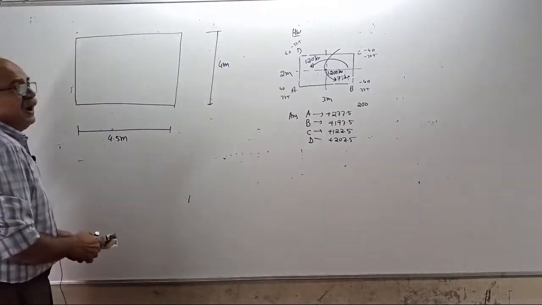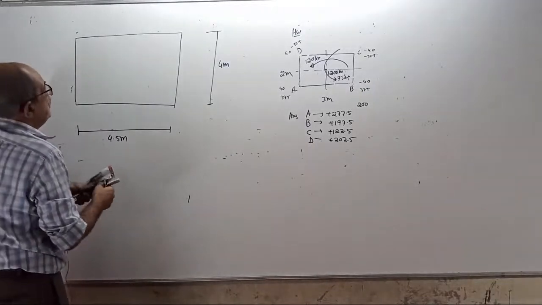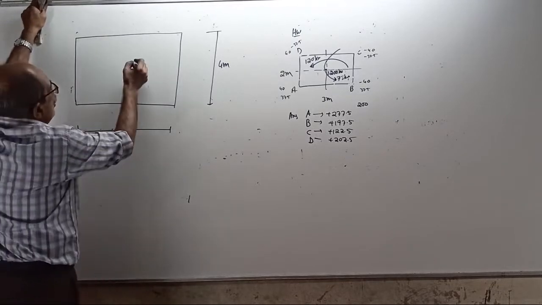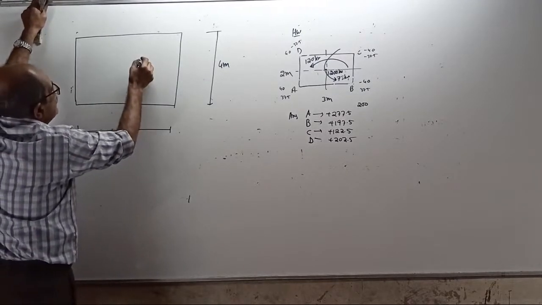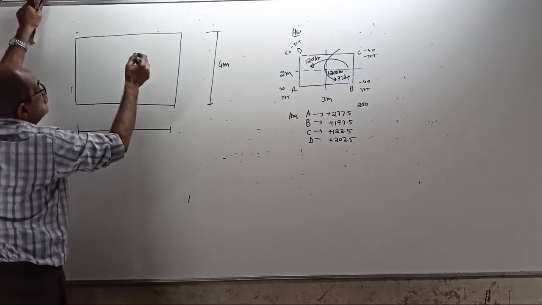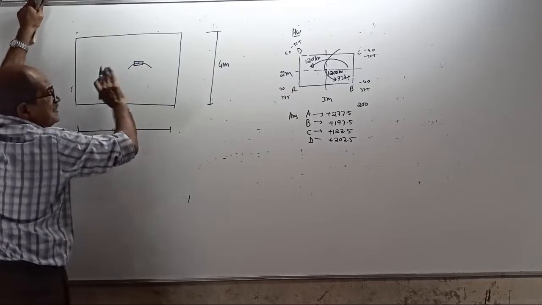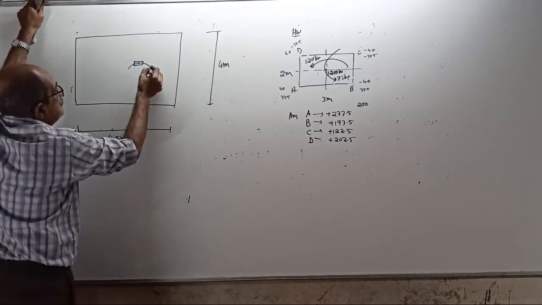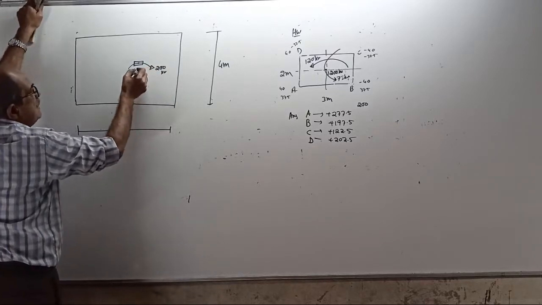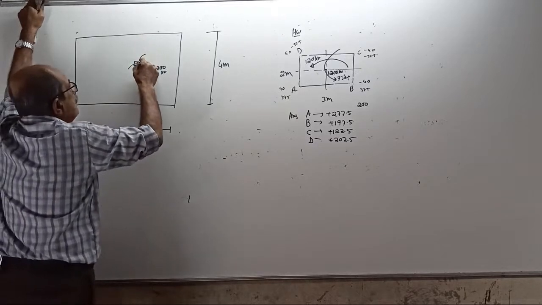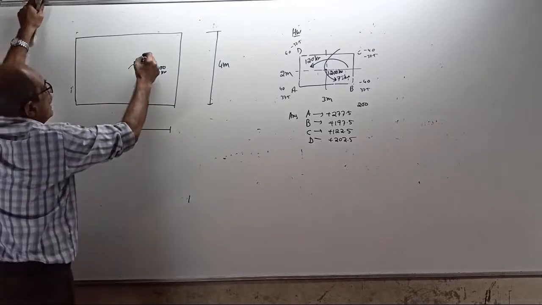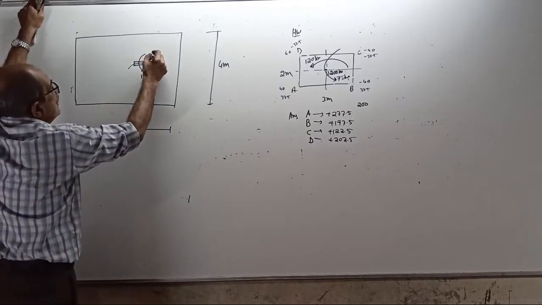Unfortunately or fortunately, an eccentric column is there. This column has got a load and also a moment this way of 200 kilonewton meter and a moment this way of 150 kilonewton meter, and column load is 3000 kilonewton.